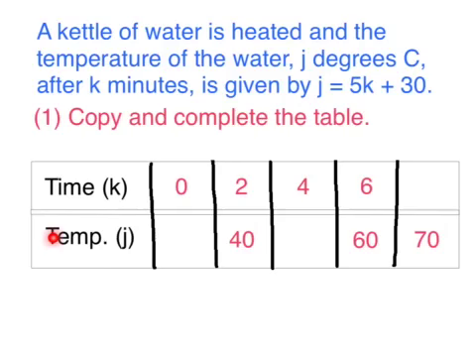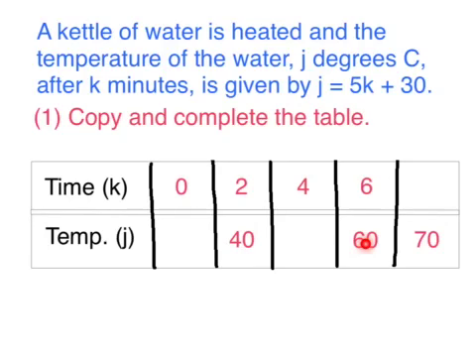Okay, so what's going on here? Well, when K is 2, we have 5 times 2, which is 10, plus 30, so J equals 40, right? Same here, when K is 6, we've got 5 times 6, which is 30, plus another 30 gives us 60. J is 60.